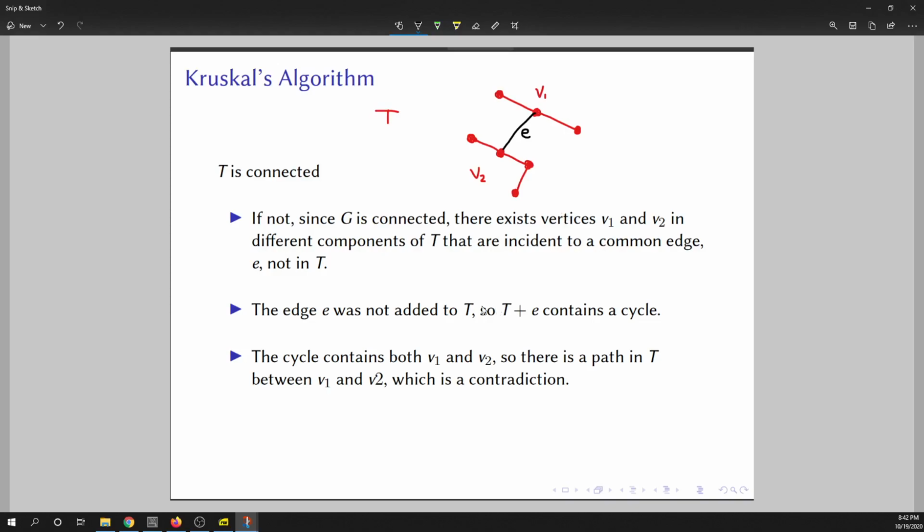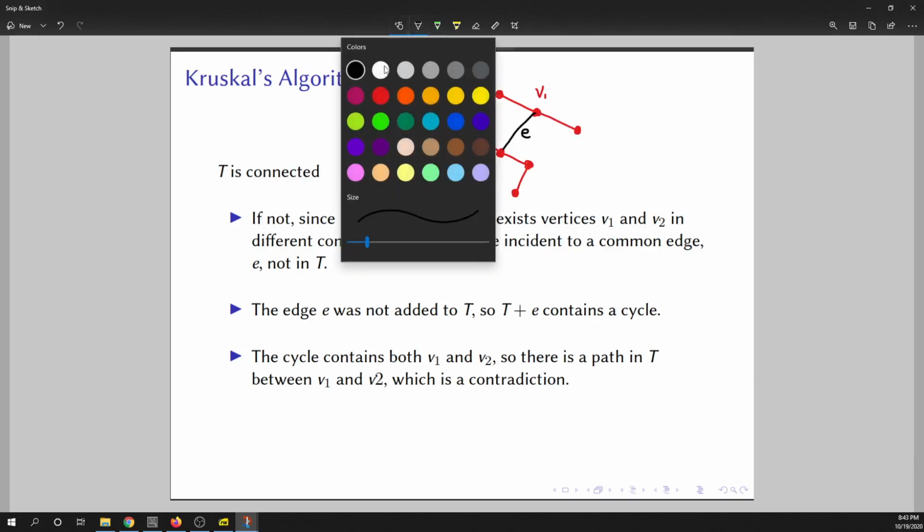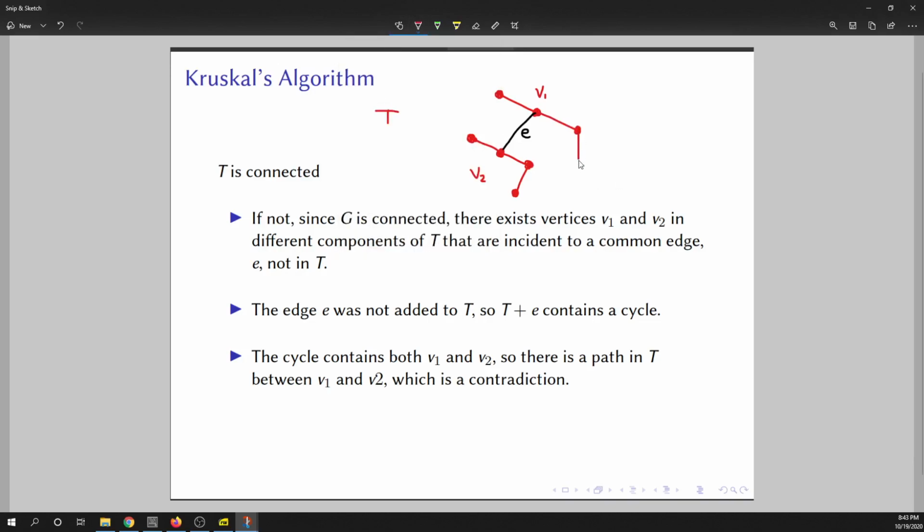All right. And so, again, T plus E contains a cycle. So what that means is that there is a cycle that includes, just by adding this edge in here, it goes in T. So there has to be some other edges going around here or someplace like that that make a cycle like so.